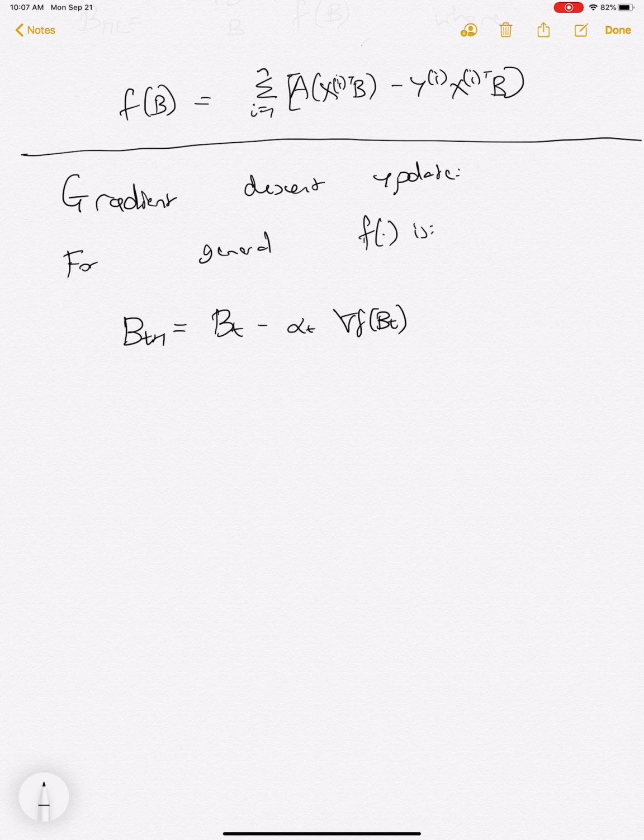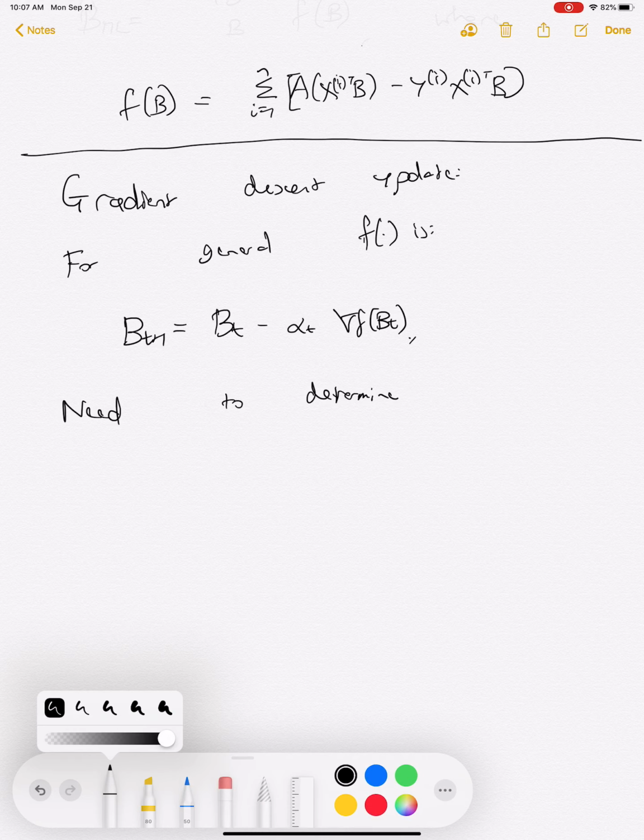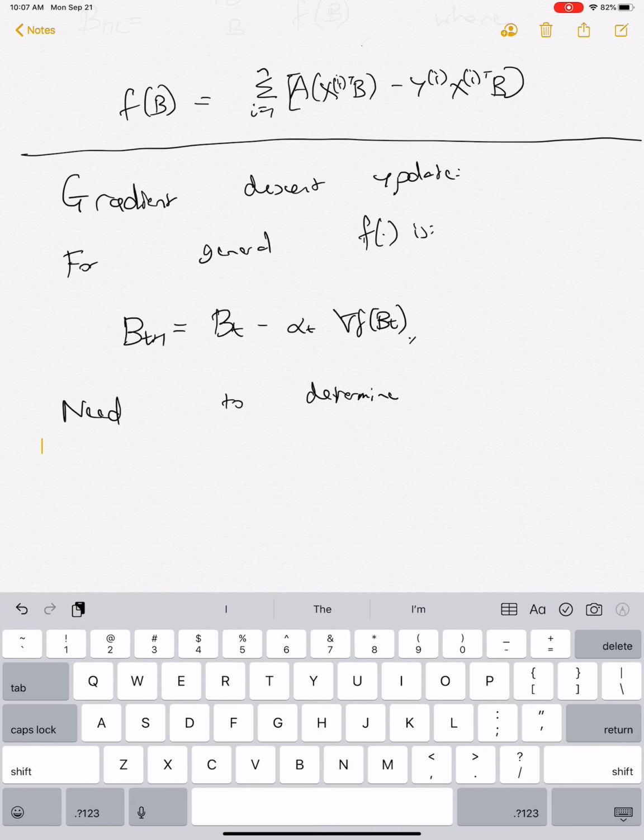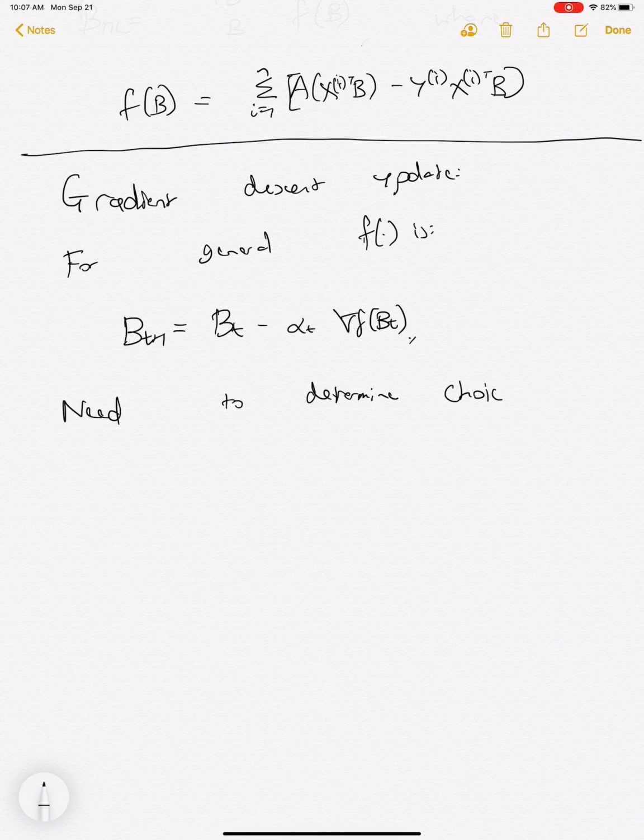And the key question that we need to determine is, so we have this sequence of step sizes we need to determine and initial point.